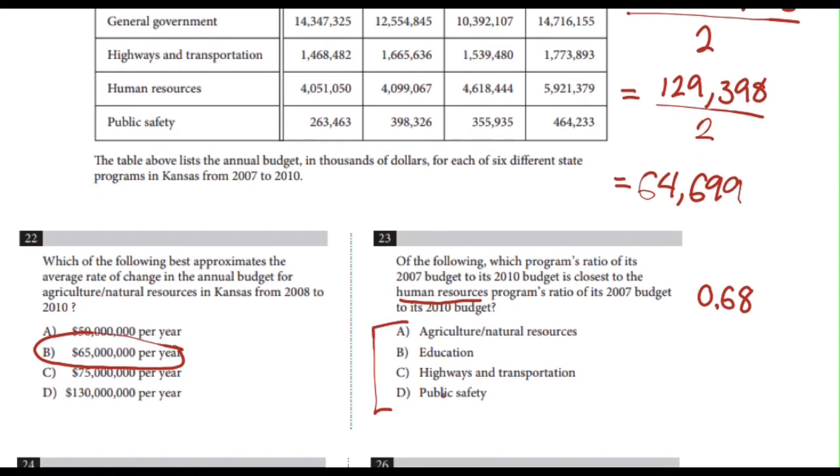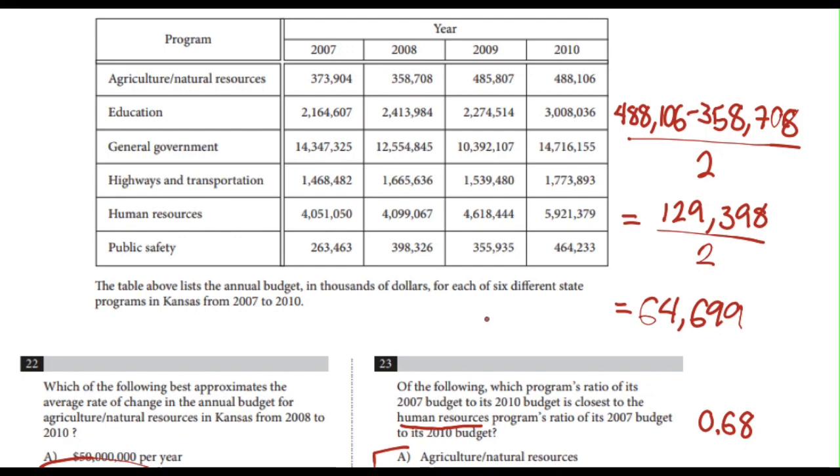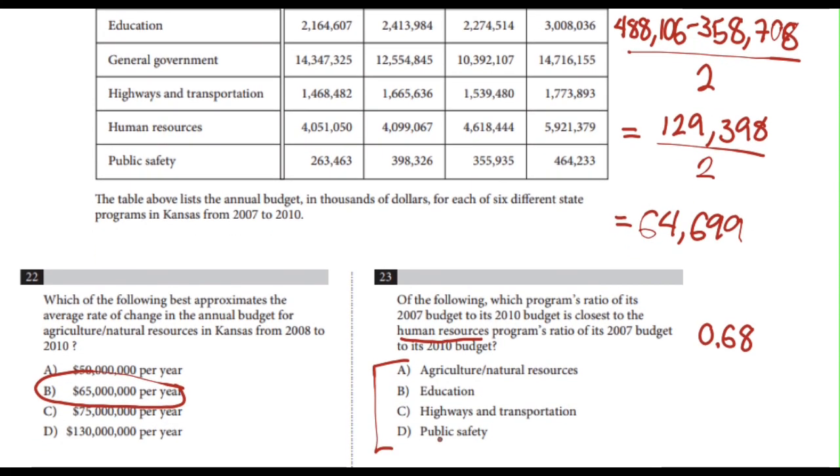Now we're going to do this exact same thing for the rest of the answer choices. First, agriculture/natural resources. We're going to divide the 2007 figure, which is 373,904, by the 2010 figure, which is 488,106, and this is going to give us 0.76.